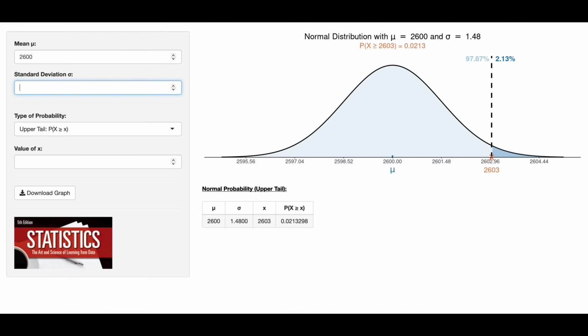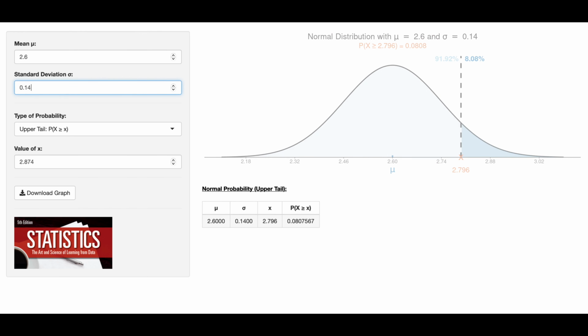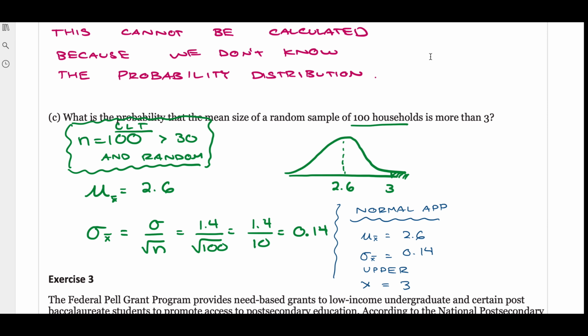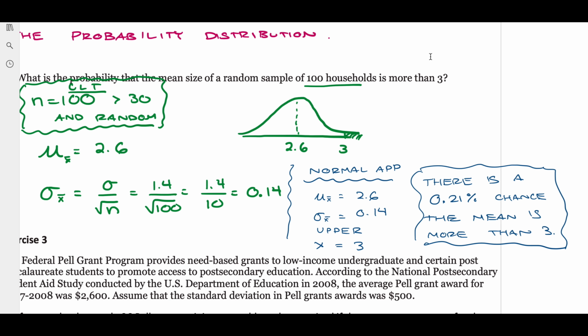So I'm going to type in the 2.6 as the expected value of the sample means. 0.14 is the standard deviation of the sample means. Upper tail, I'm going to type in 3 here. And I see that there's just a 0.0021 chance, a 0.21% chance.